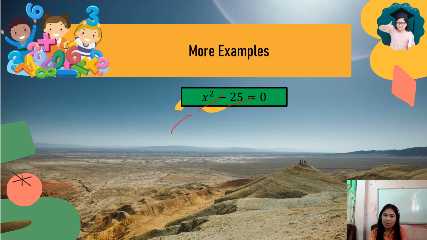So, what you're going to do is to do two sets of parentheses. And then after that, take out the square root of x squared, diba x? So dalawang x dapat nandyan. Dito din, dalawang x. And then sa second term, dahil 25 yan, perfect square of 5. So lagay tayo ng 5 dito. And then 5 din dito.